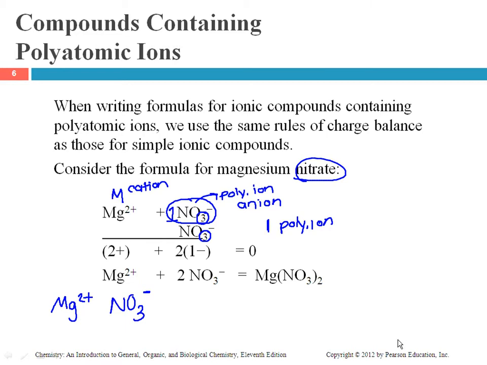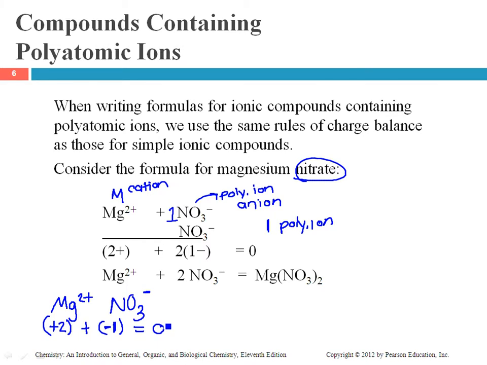So you do not use that number when you're balancing the charge. We have 1 negative charge and a positive 2 charge, so these have to equal 0. Once again, you have 1 nitrate. You don't have 3, you have 1.